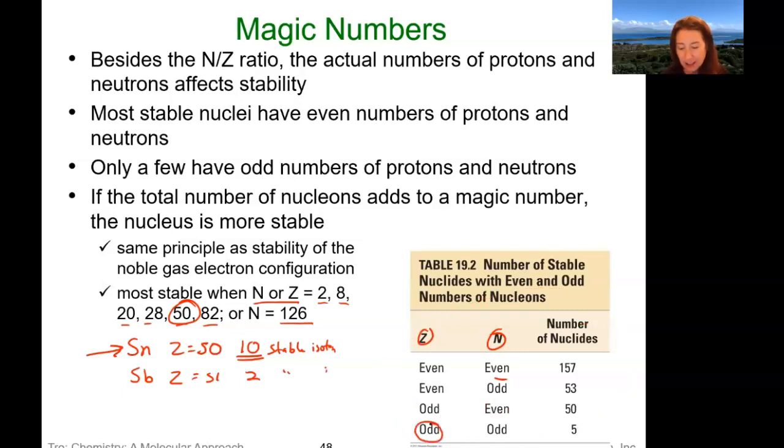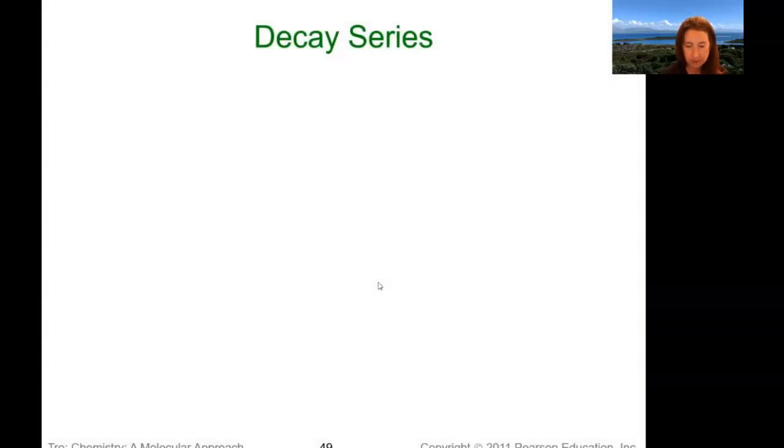But if there's an odd neutron and odd proton, there are only 5 total stable nuclides on the entire periodic table. So this is very rare, right? And again, if a neutron or proton has these numbers, 2, 8, 28, 50, or the neutron is 126, these are our magic numbers, which means we're going to have stable nuclei, non-radioactive.